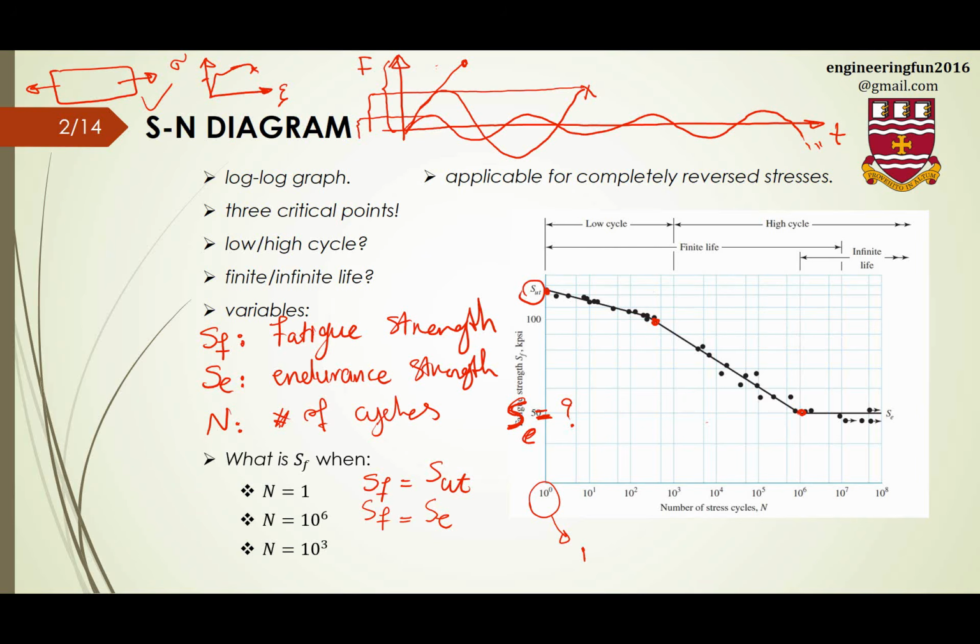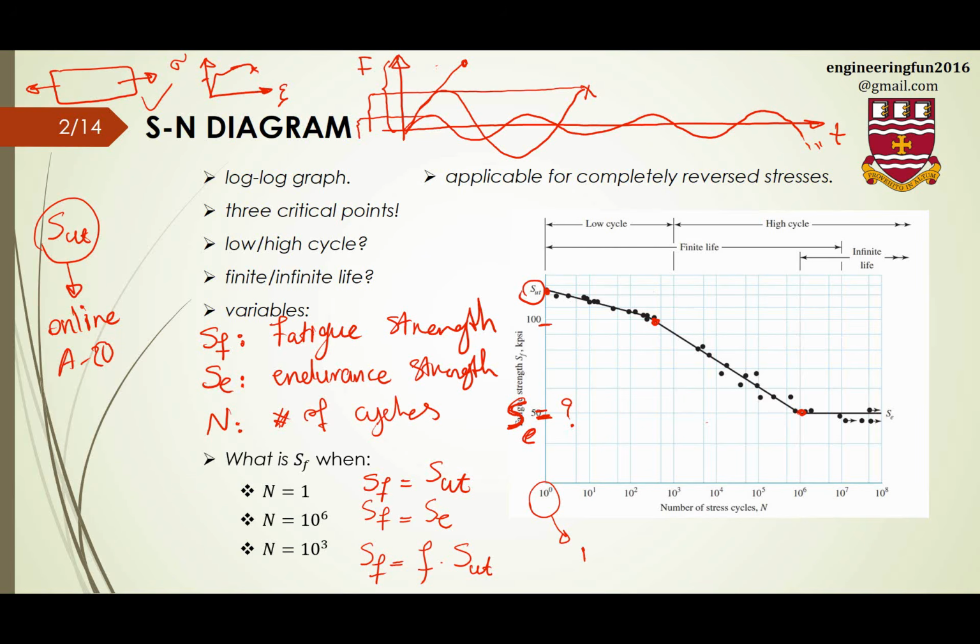For this point, SF is equal to some fraction of SUT. We can find this SUT online, or in some tables like table 8-20 in Shigley's, or it will be given to you.